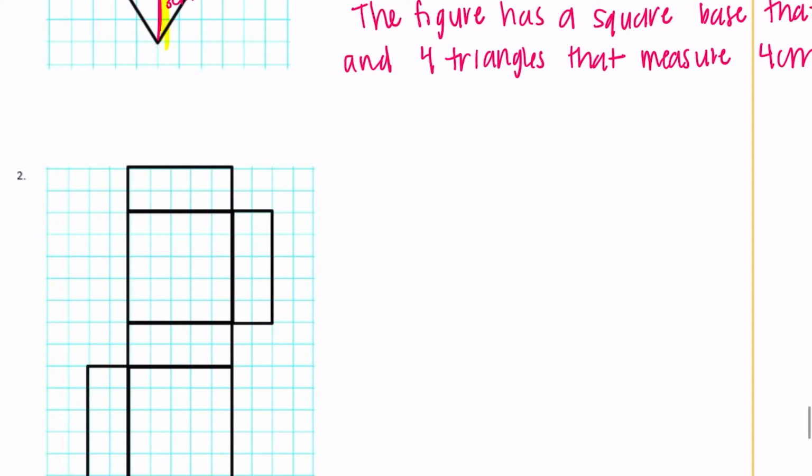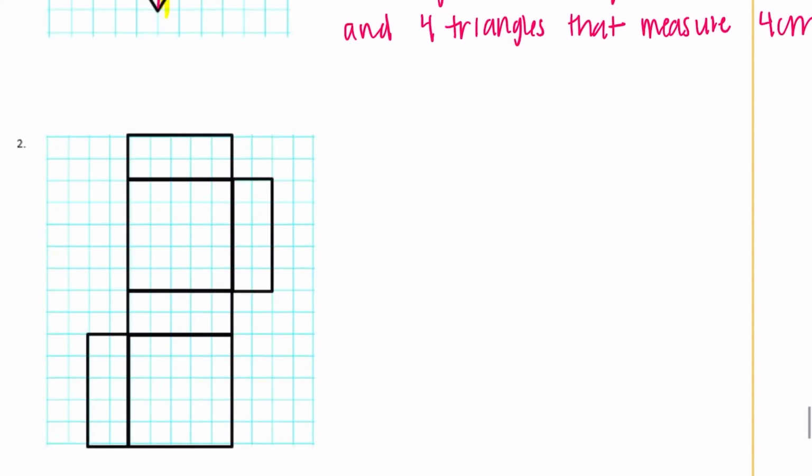All right, number 2. So let's figure out first what this would be. So we can call these the bases. So the bases are rectangles, and there's 2 of them.